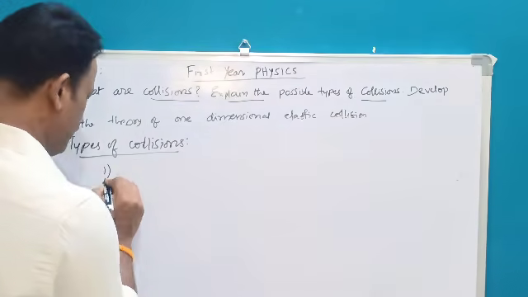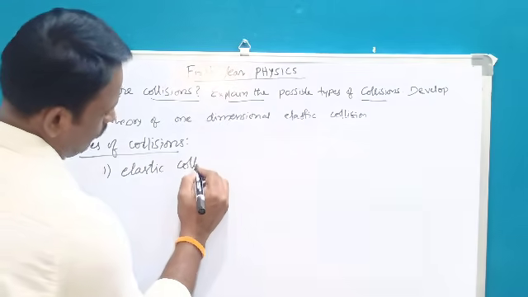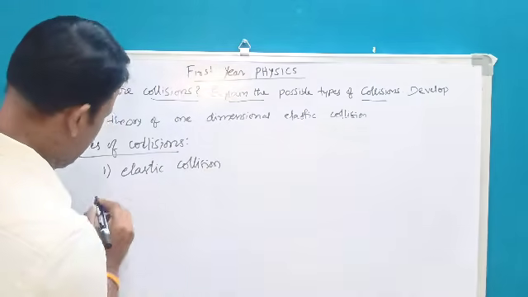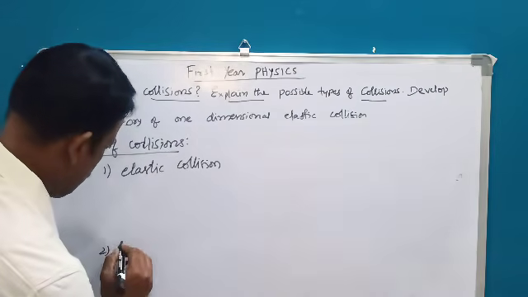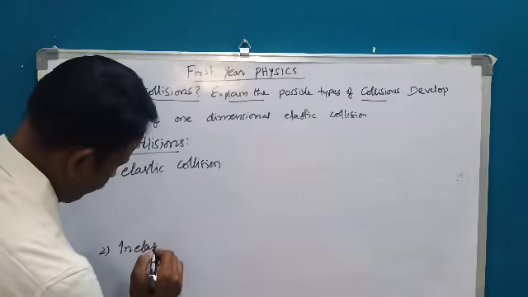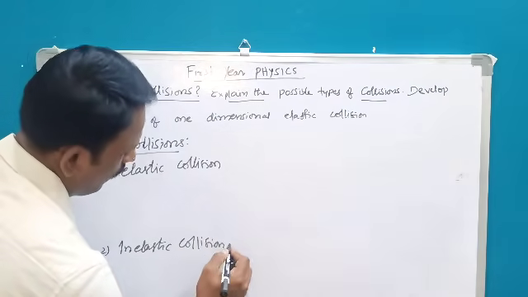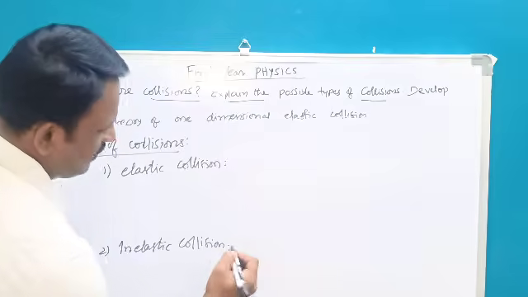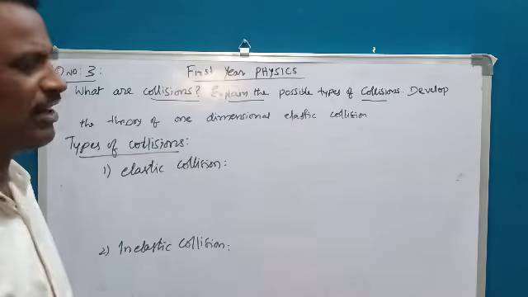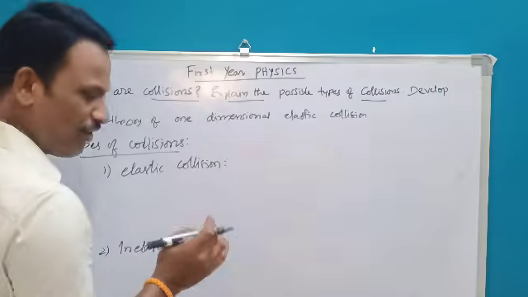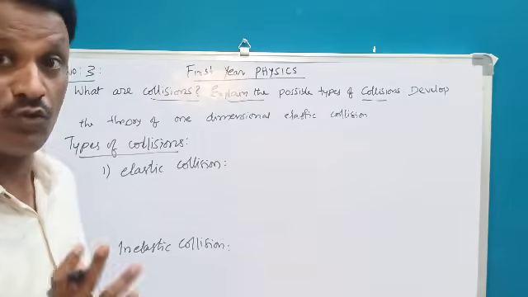One is elastic collision and second one is inelastic collision. So what is elastic collision and what is inelastic collision? If you write this much only, you will get 1 mark. But if you explain what is inelastic and what is elastic, then you will get full marks, 2 marks.